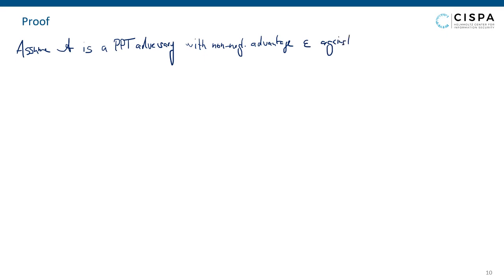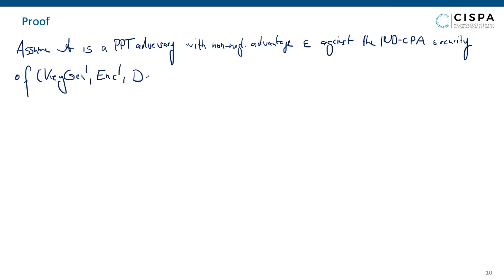As always, assume A is a PPT adversary with non-negligible advantage epsilon against the IND-CPA security of (KeyGen', Enc', Dec').